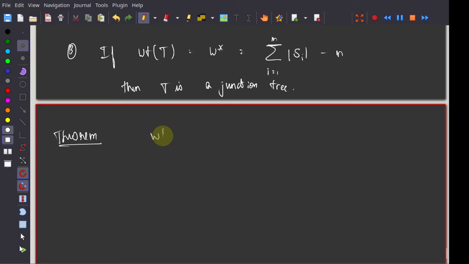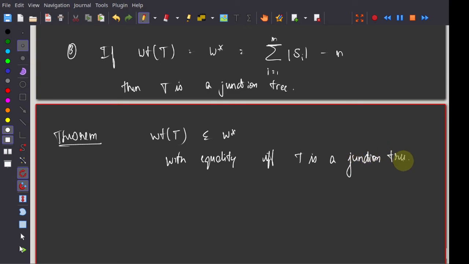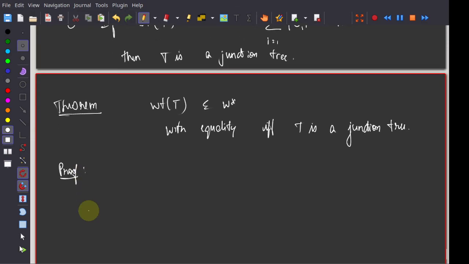So it turns out that the weight of any maximum weight spanning tree is always less than or equal to W star, with equality if and only if T is a junction tree. So if it is strictly less than W star, then it's impossible to construct a junction tree.